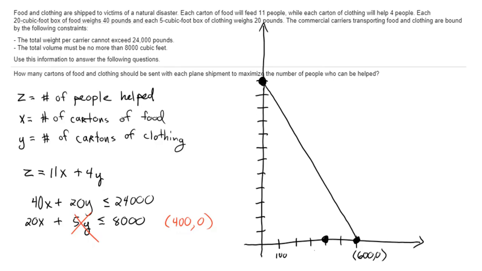Oh yeah, I wanted to label these points. You don't have to do this, it's just helpful for future reference because these may be your test points for maximizing your corners, for maximizing your constraint. So that x-intercept is 400, 0.